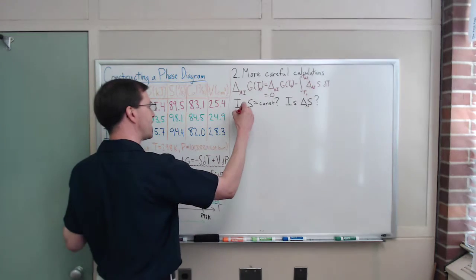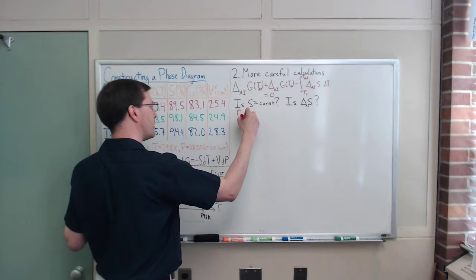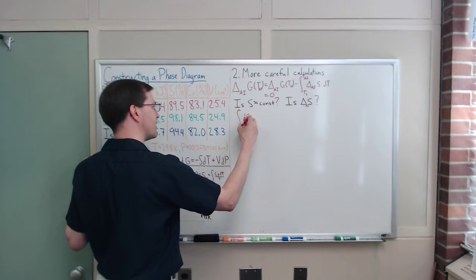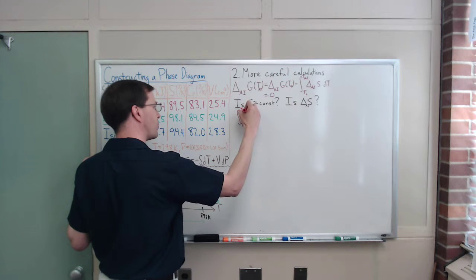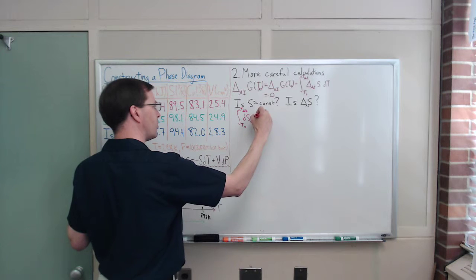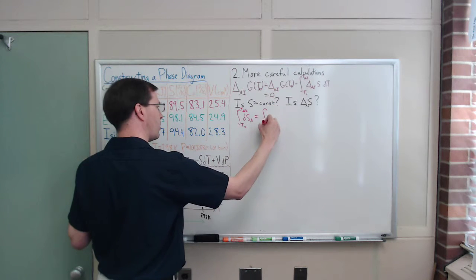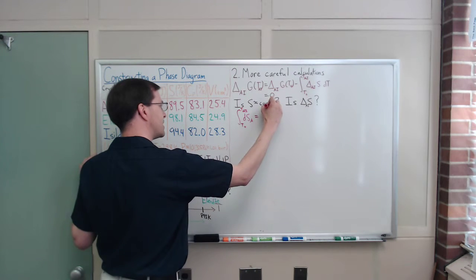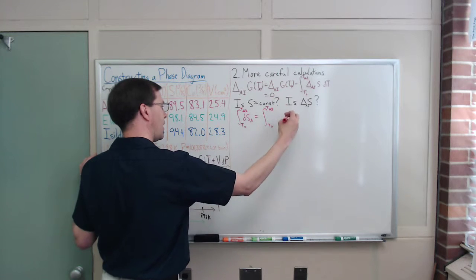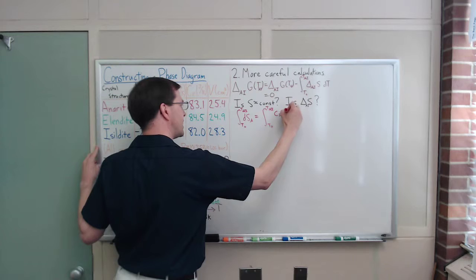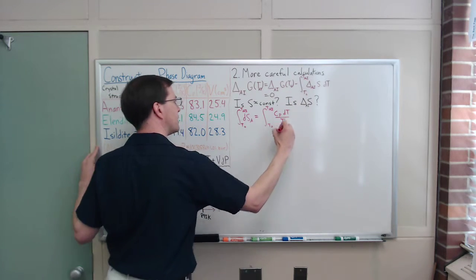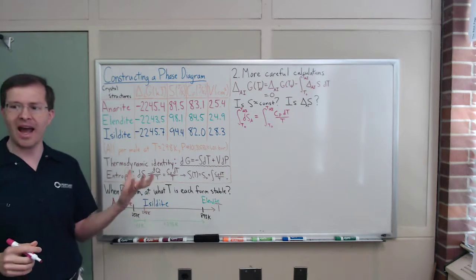So I can write that the integral of dS for anorite from T naught to, I'll call it TAI, why not do that specific temperature, should equal the integral from T naught to TAI of my specific heat dT over T.